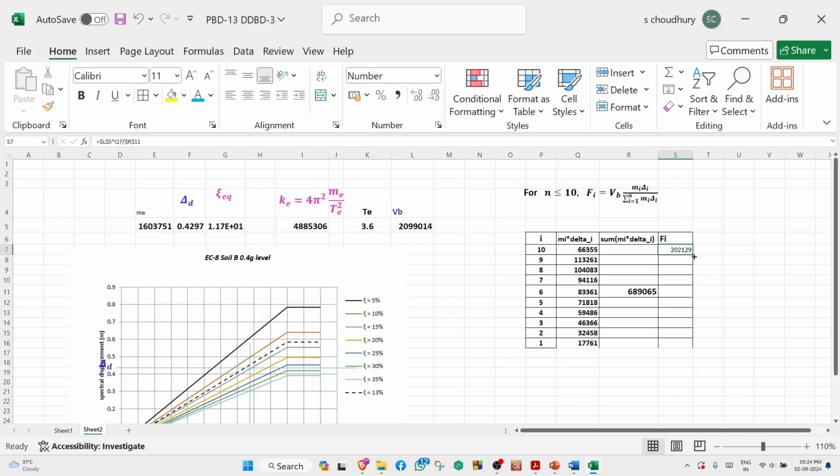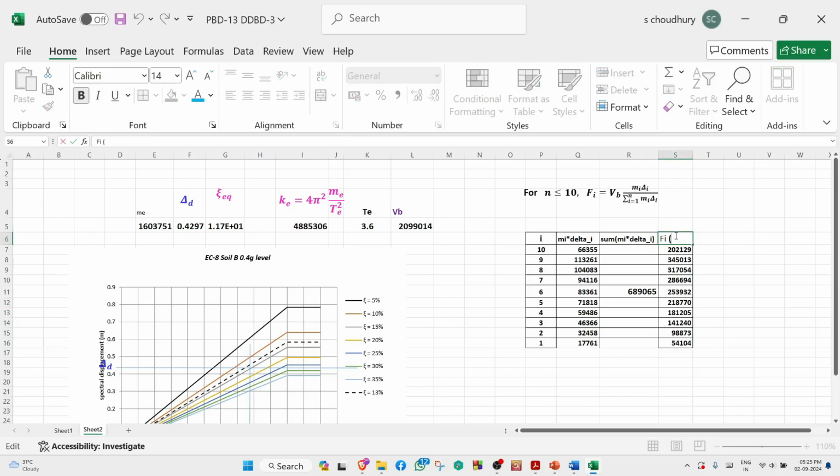Now you apply it over the other floors, and these are the forces distributed over the different floors. Forces will come in kilonewton. Sorry, forces will come in Newton, because we have taken mass in kg. So finally it will come in Newton. So it will be 202 kilonewton, like that. So force is in Newton.